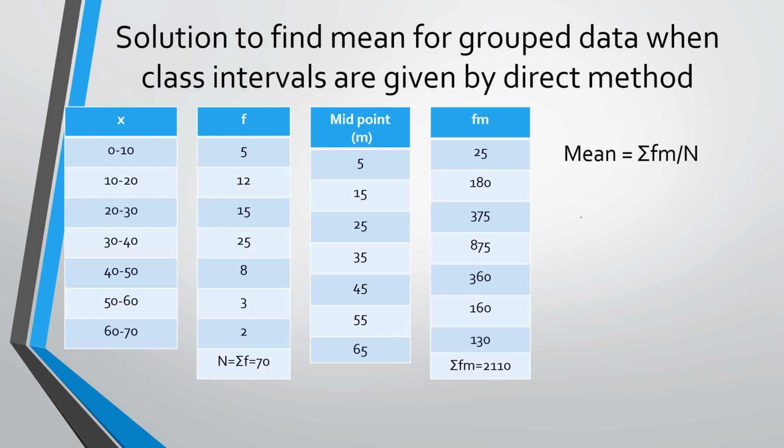Summation of Fm is 2110 divided by N. N is the summation of F, which is equal to 70. So upon simplification, we get the value as 30.1428. Therefore, mean is equal to 30.1428. So this is the solution by direct method for grouped data when class intervals have been given.